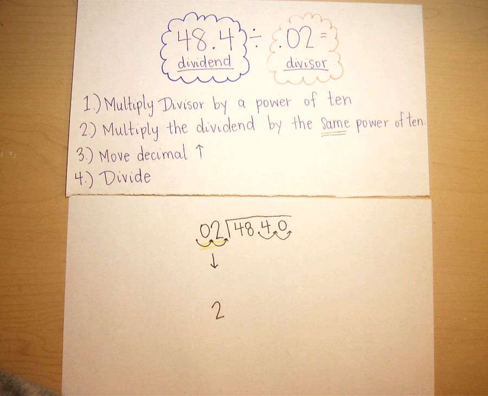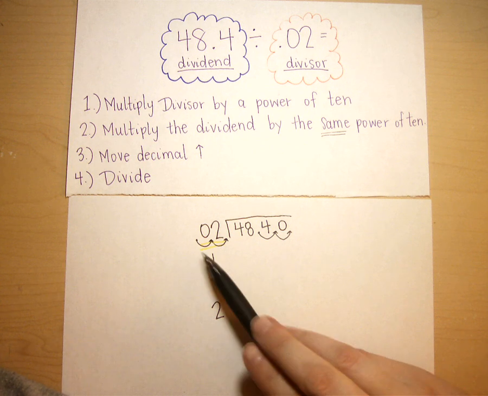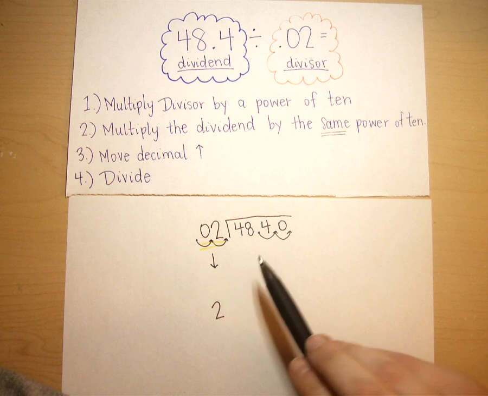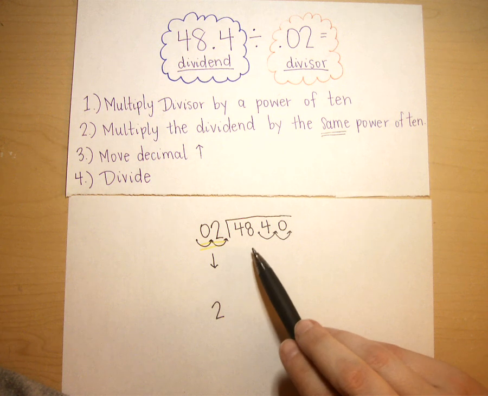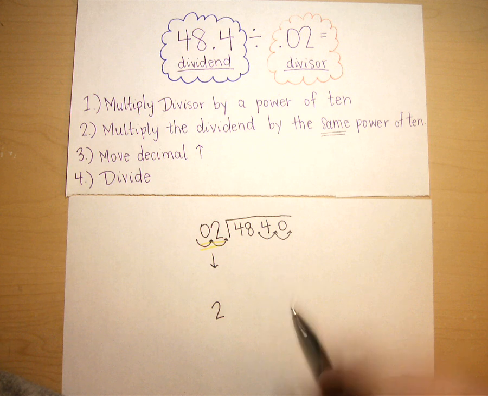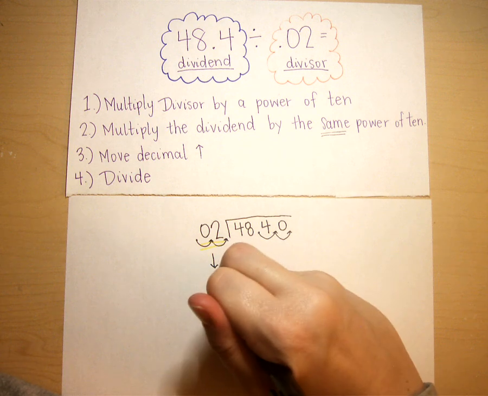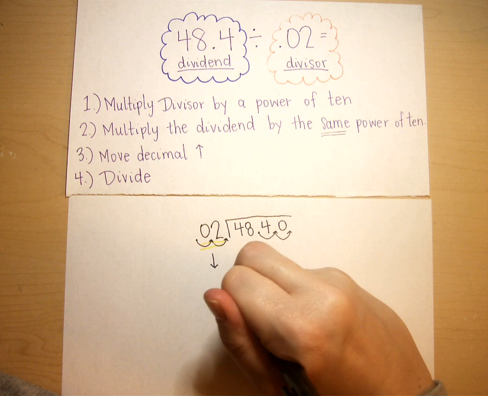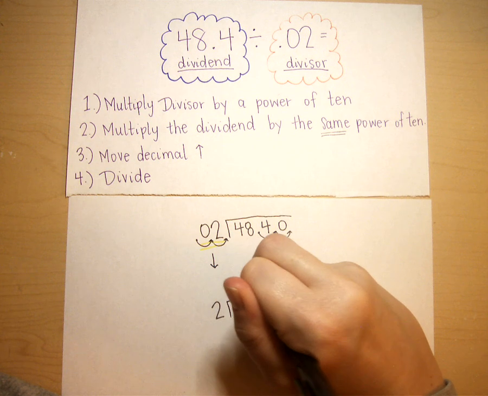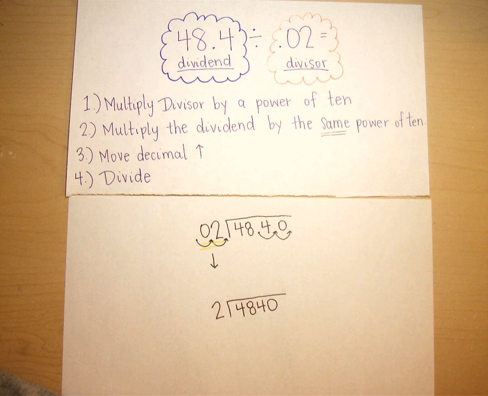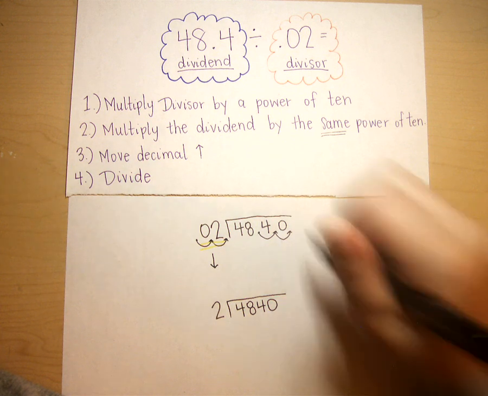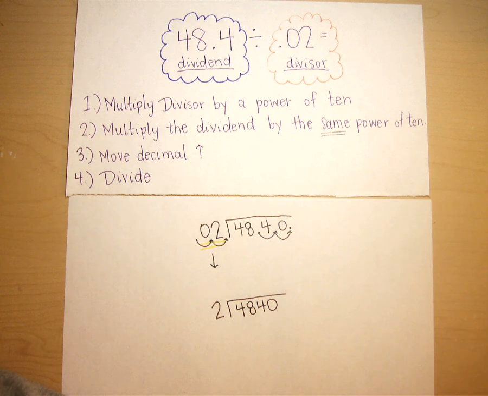That has changed my equation from 200ths divided into 48 and 4/10 to 2 divided into 4,840. So now my decimal is really sitting right here.